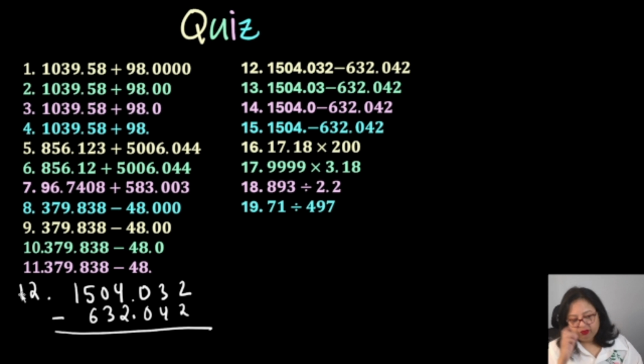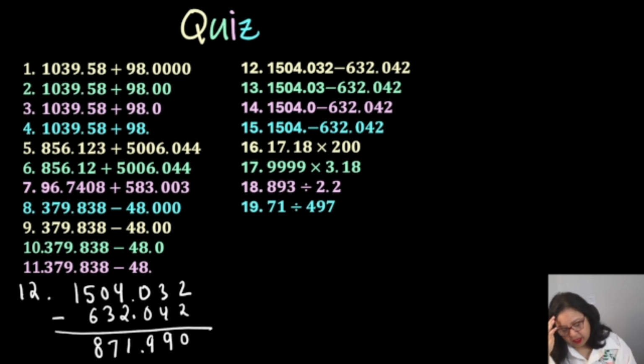Let's find out what the answer would be. 0, 10 minus 4 is 9, 9, 1, 10 minus 3 is 7, then we have 14 over there, 14 minus 6 is 8. Here's your answer, 871.990. Well, there's nothing to be done here. The numbers that are being subtracted are both to 3 decimal places, so is the final answer.